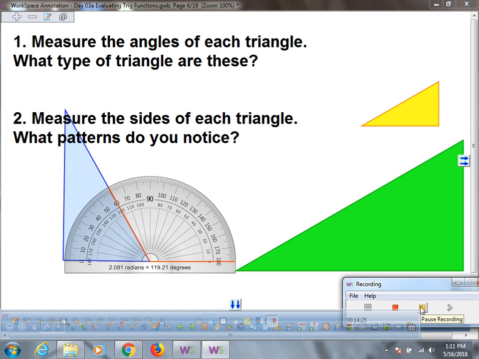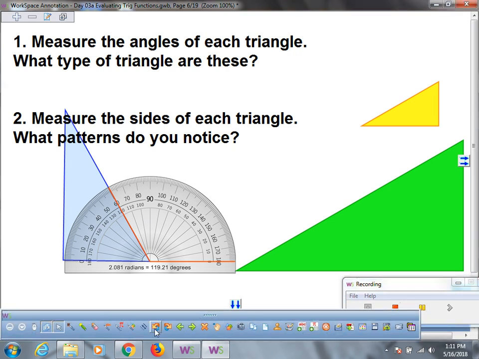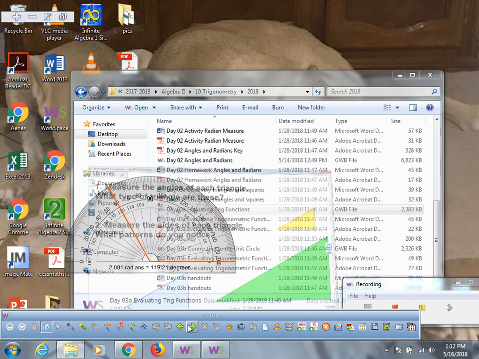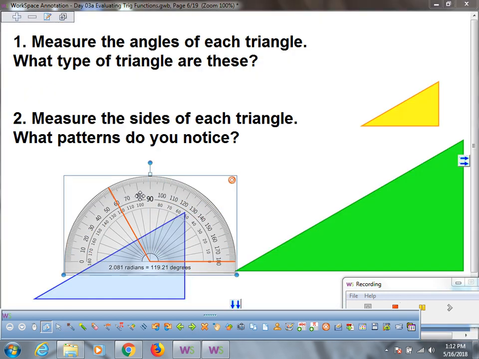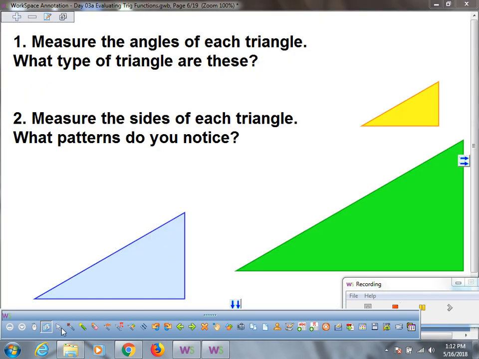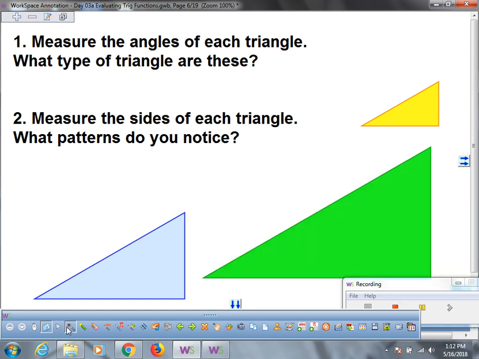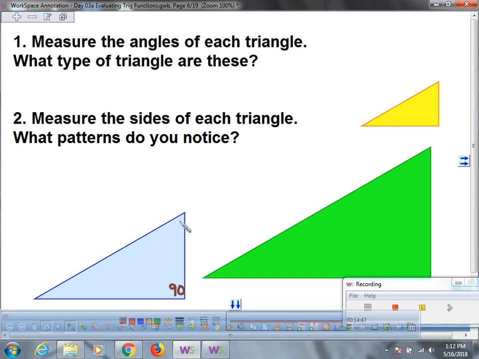Okay, so let me go back and put my triangle so that we can see it. So this was 90. My bigger angle was 60. So what does this one have to be? 30.